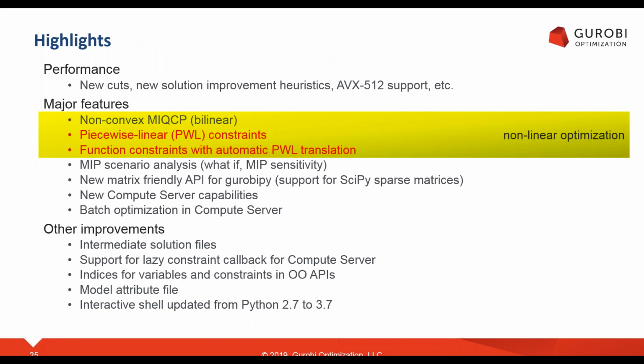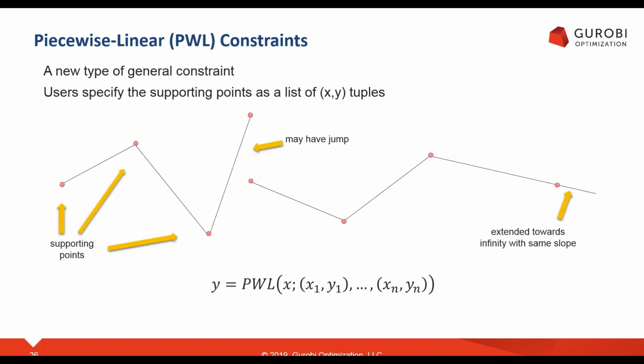Then we have added another piece of API to support nonlinear optimization, which is the piecewise-linear constraints. So a piecewise-linear constraint here, and this is just in a single variable, is a constraint where the variable y is equal to a piecewise-linear function that is expressed in a variable x.